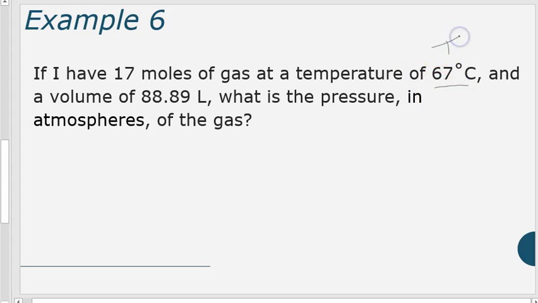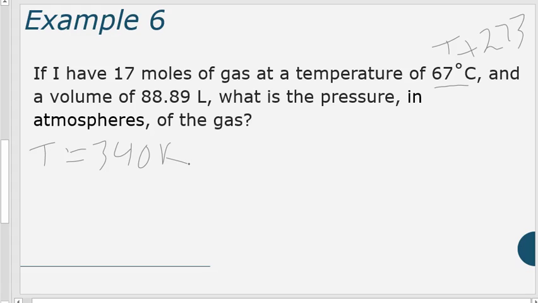Now remember, temperature has to be in Kelvin, so we're going to need to take 67 and convert it into Kelvin, and the way we do that is we add 273. So 67 plus 273 gives us 340, so I'm going to write our new temperature over here, 340 Kelvin. That's what we're going to use.